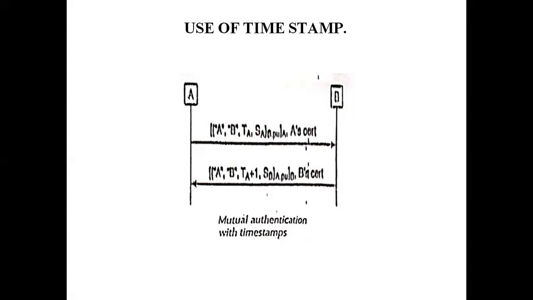B, on receiving the message, checks whether the timestamp is sufficiently recent and then verifies the signature. B increments the received timestamp to TA plus 1, inserts it into its response message to A and signs the message. This is mutual authentication using a timestamp.